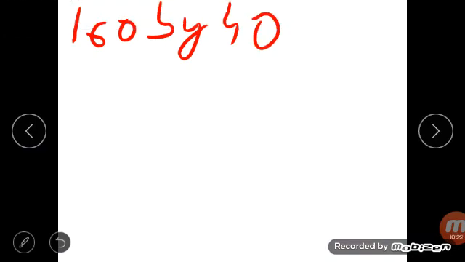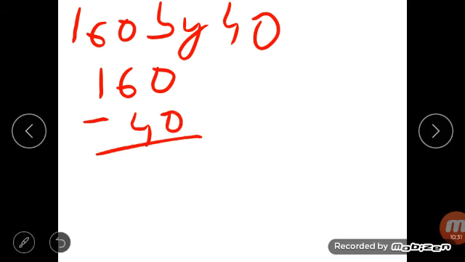Now subtract it. 160 minus 40. 0 minus 0, 0. 6 minus 4, 2. 120. This is the first time.